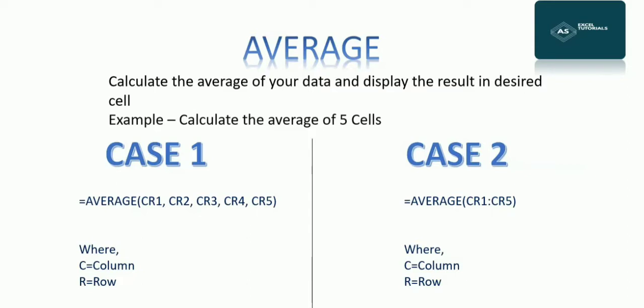In case 1, we'll be writing is equals to average, and in the bracket we'll be writing the cell names, that is CR1, CR2, CR3, CR4 and CR5. In case 2, here again we'll be writing is equals to average, but instead of writing all the cell names, we'll be writing the first cell name and the last cell name with a colon in between.